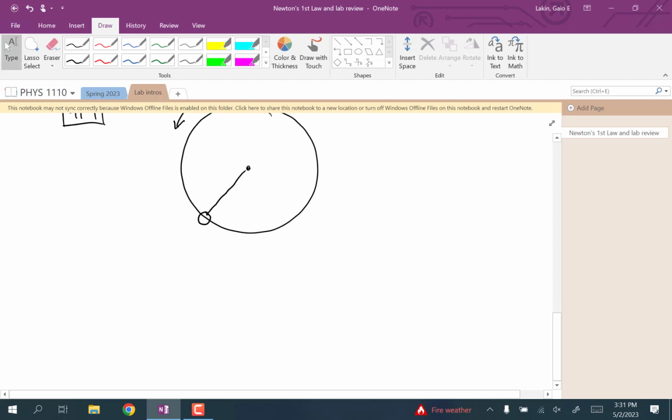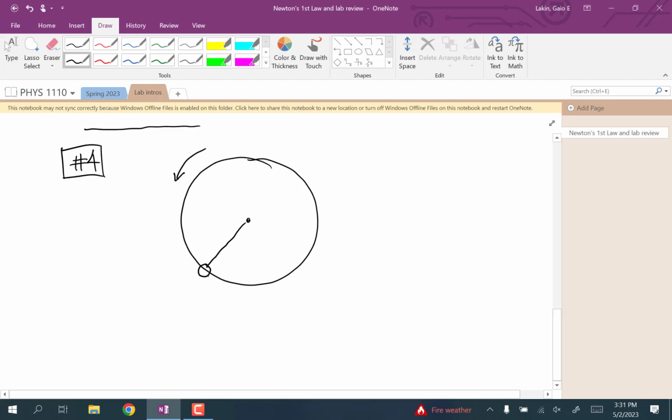Well, notice that if you're taking the view of this ball that's traveling around this circle from above, that once the string breaks, there's no force acting on this. A free body diagram would show no forces on it. There would still be gravity going into the page and a normal force coming out towards you out of the page. But you wouldn't see those in a two-dimensional free body diagram if your view is from above.